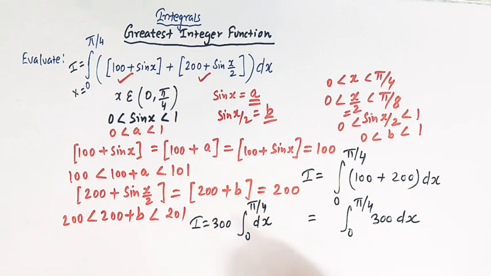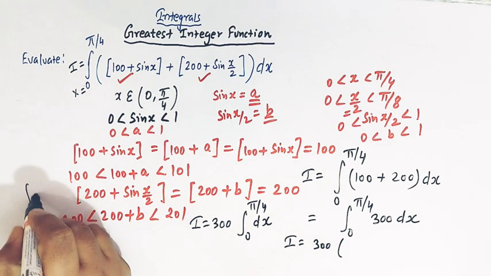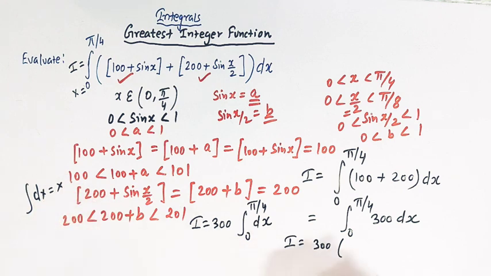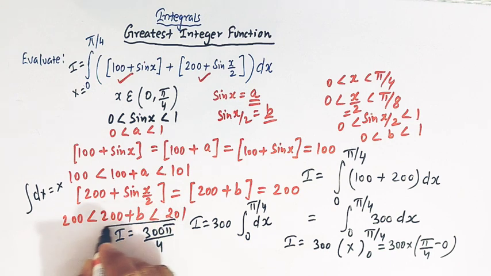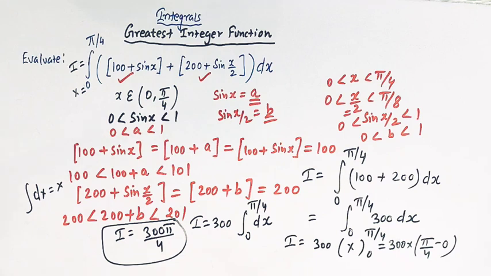So this is 300 times pi by 4 minus 0. So I is 300 pi over 4.